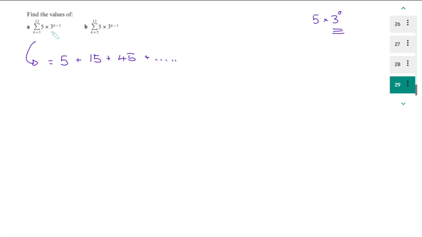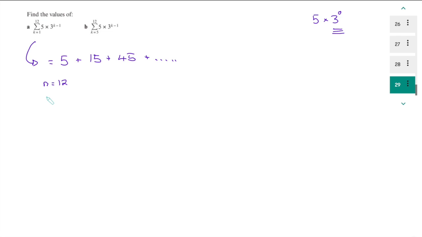So for a geometric series, what you want to be looking out for is this sort of thing, a number to the power of what you're indexing over, and then you're probably going to have a geometric series. So once again, we know the formula for the sum of the first n terms, so in this case n is going to be 12.